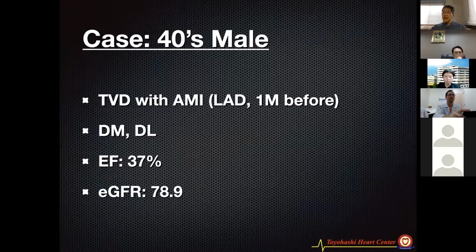Let me show my case. This case is a male. He suffered a myocardial infarction 1 month before, and his common risk factors are diabetes and dyslipidemia. Ejection fraction is 37%, renal function is not so bad.